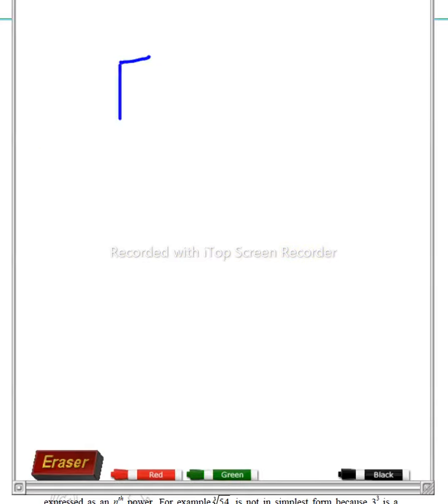The question is like that. What do you say if n is even? If n is even, our result will be the absolute value of a.